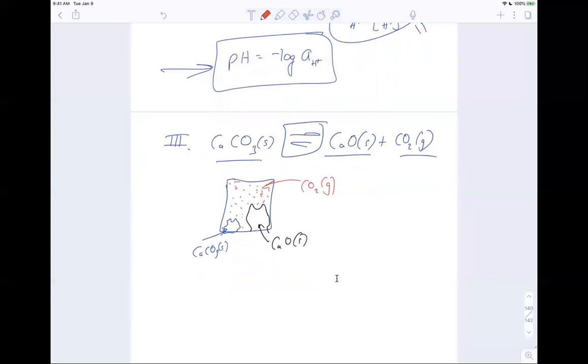So here what we're going to say is that for the solid, it's really not a mixture. We're going to take the activity of CaCO3 solid equal to 1, and we're going to take the activity of CaO solid equal to 1 by convention.